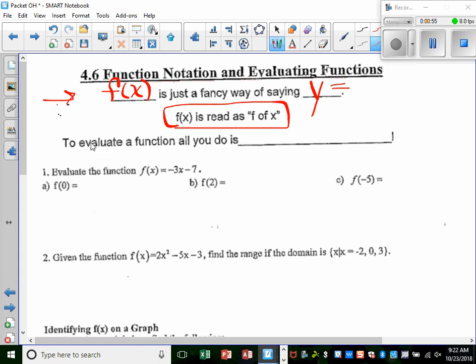Okay, so to evaluate a function, all you do is substitute the value of x in the equation.